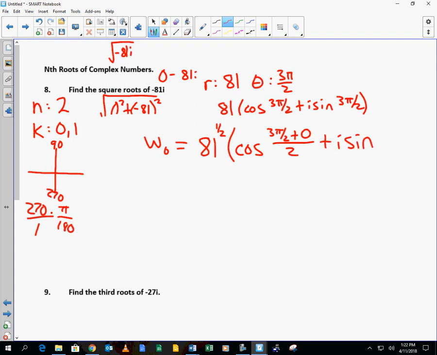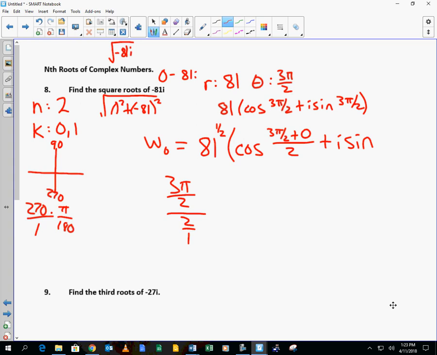Now, this is where I like to save a little bit of space because I like to stay organized. You guys know how organized I am. So 3 pi over 2 plus 0 is 3 pi over 2. Then we're going to divide that by 2. Watch, I'll write it out. We have to get used to this, otherwise we'll waste a lot of time. 3 pi over 2 divided by 2 over 1.